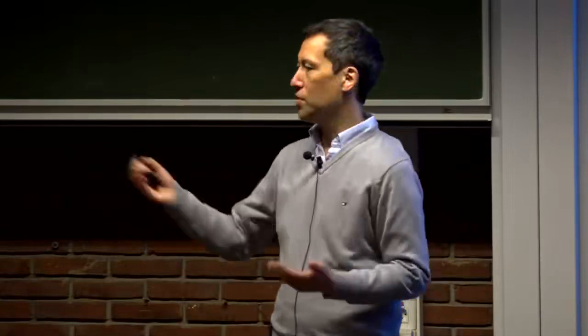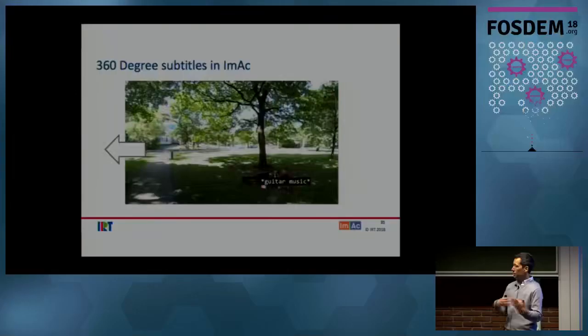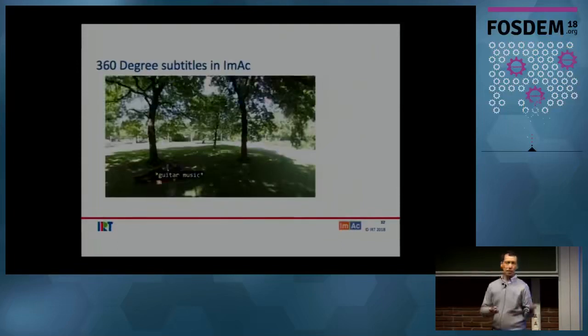For example, if somebody is playing a guitar and you want to indicate for deaf and hard of hearing viewers that somebody is playing, or there's some guitar music, you place it next to the guitar player, and if the guitar player moves left or you look right, then it moves together with the guitar player to the left. This is already working with imscJS and works pretty well.